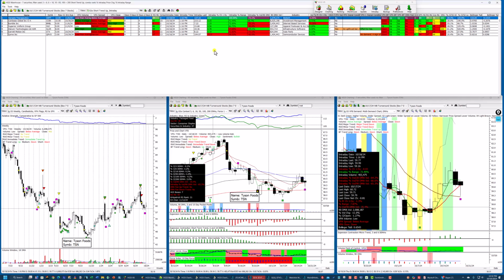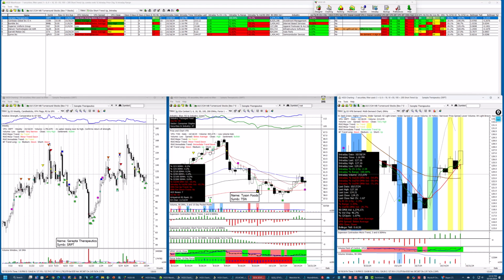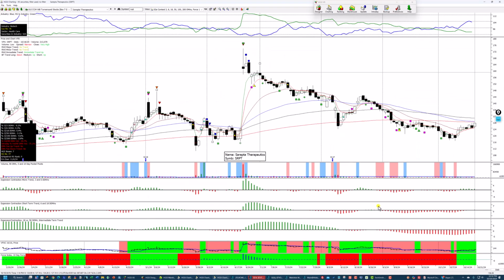Now these are the intraday prices. If I bring this, you can see that the intraday crossover is there. There's a green.